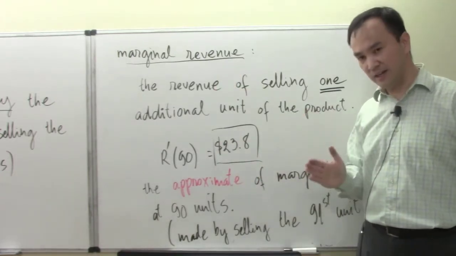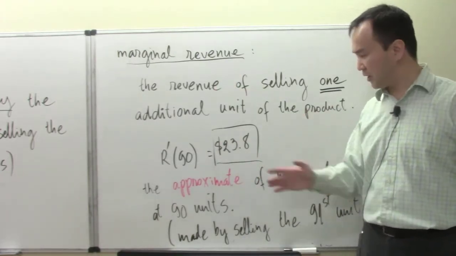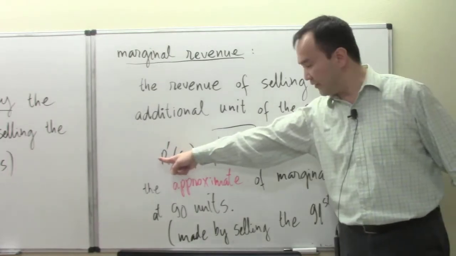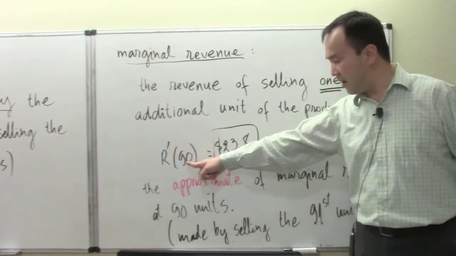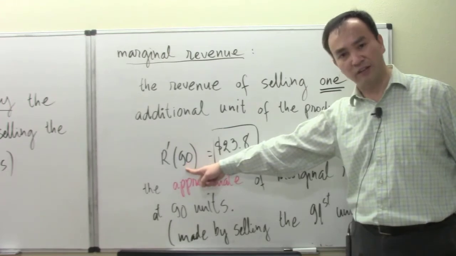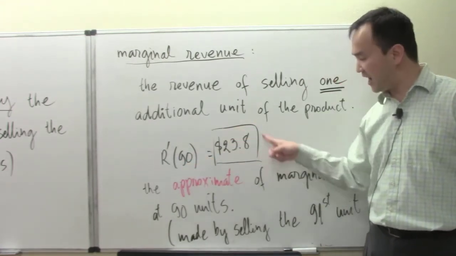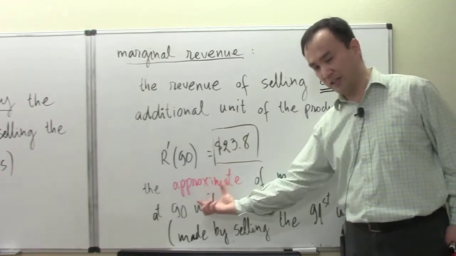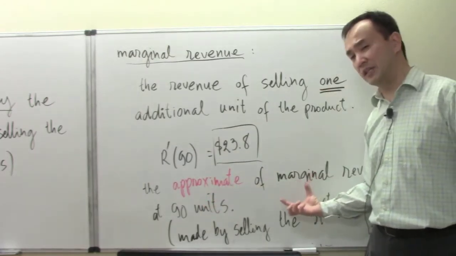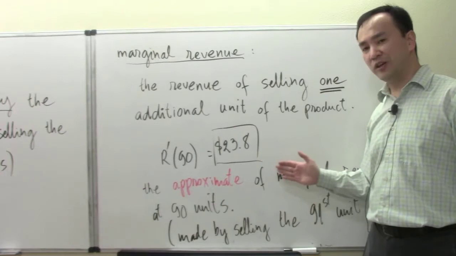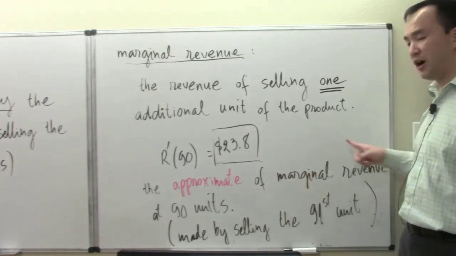We are here in this example looking at the revenue. So we find the derivative of the revenue function and then substitute the value indicating the instance that we're selling, whatever number of units, and get that outcome right there. That final answer is originally the approximate, but now we formally use that as the marginal revenue.